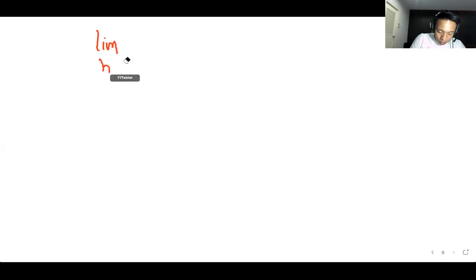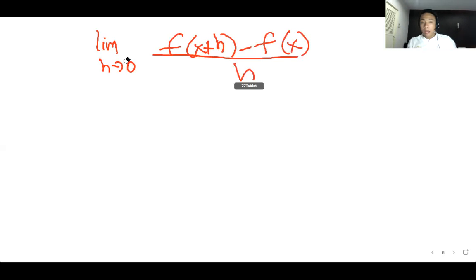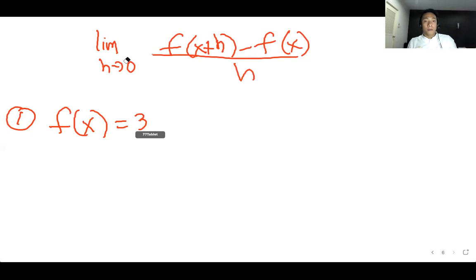Limit of h approaching 0, and we have f of x plus h minus f of x over h, right? That will be our main formula. And for example, our number 1 is f of x equals 3. Okay?